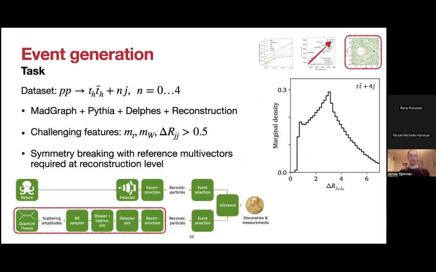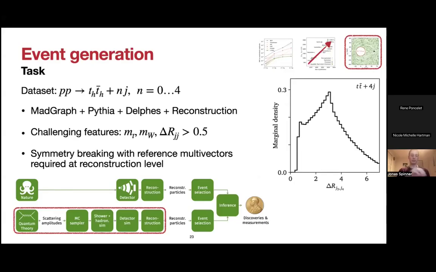So the most challenging features in this data set are the invariant or the reconstructed masses of the top quark and the W boson. And then also, because these are up to 10 jets, they have a minimum angular separation, which is indicated here in this plot on the right. And this is like a clear artificial cut in your data set, and this is quite hard to learn with neural networks. And as you will see later, this is where the L-GATr architecture helps a lot.